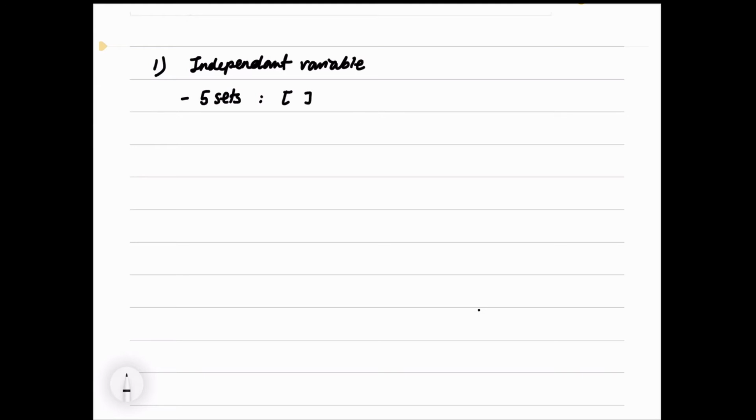If it's concentration, make sure you know how to elaborate it, where the 5 different concentrations can be prepared using simple or serial dilution. If it's temperature, you might need to set it up with a thermostatically controlled water bath. Or it could be pH, where you can prepare using buffer solution.